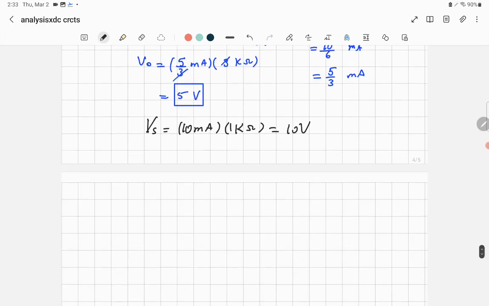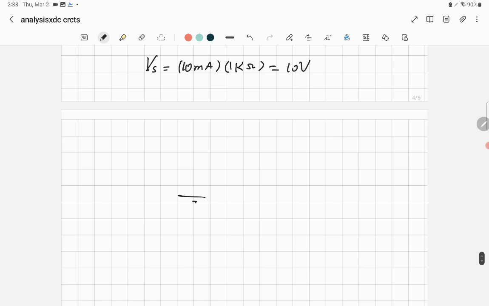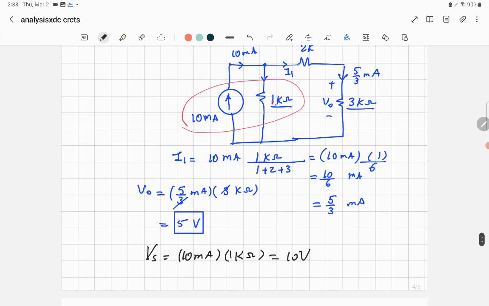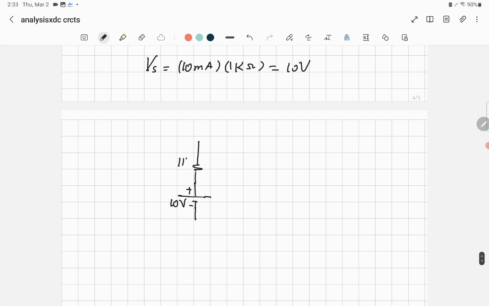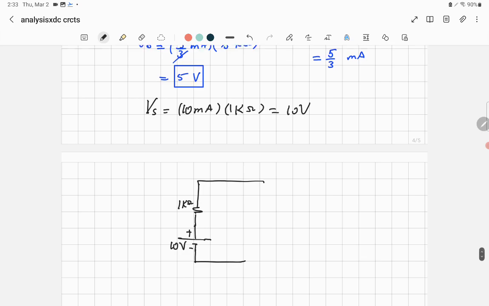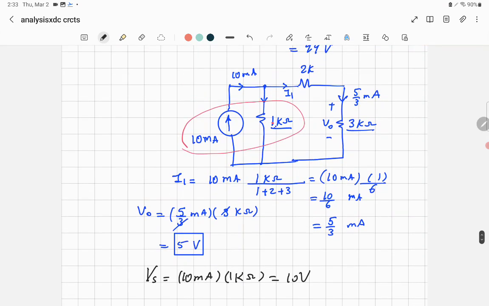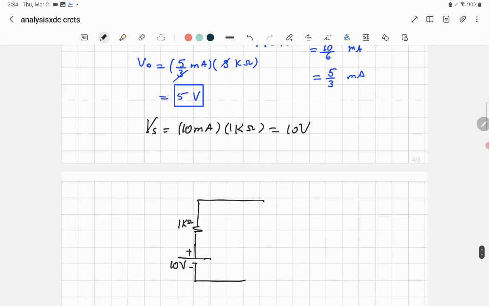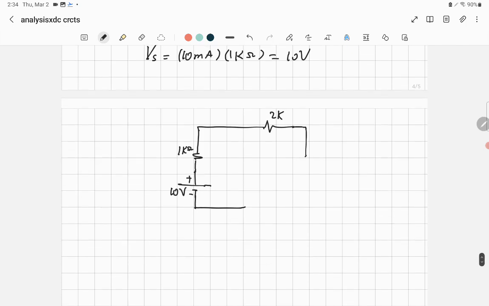So you convert it to a voltage source equal to 10 volts, with the positive up, connected in series with the resistance. The value of the resistance is 1 kilo ohm; I am using the same value as the source resistor. Then I complete the circuit with 2 kilo ohm and 3 kilo ohm.